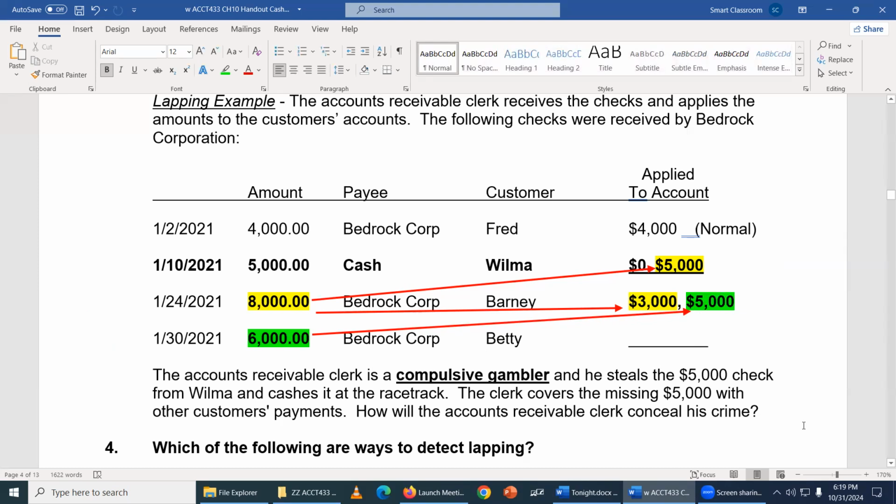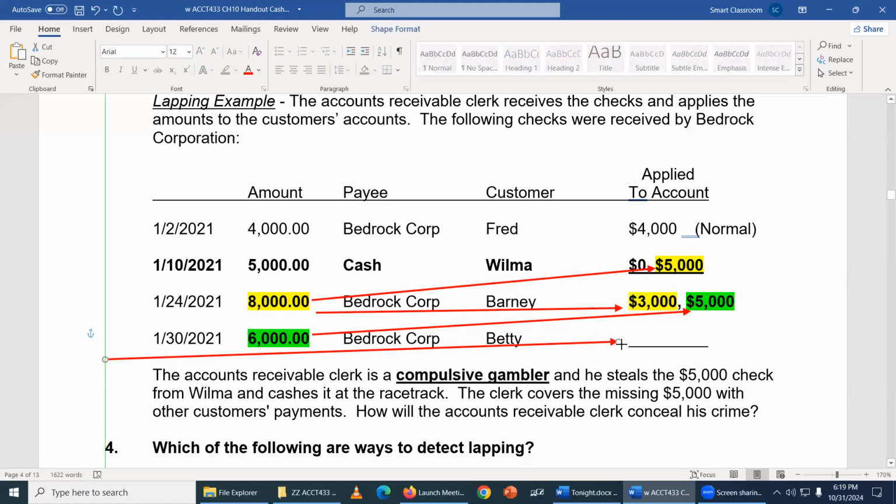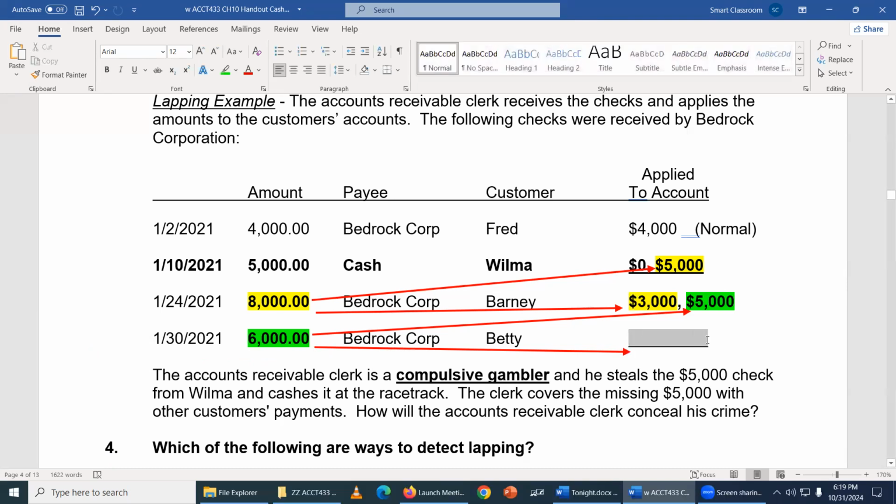So now we got Barney off our back. Now we got to go and give the rest of this to Betty. So what is there? 1,000 left? Okay, so we got 1,000 left. And now we still have Betty on our back here.